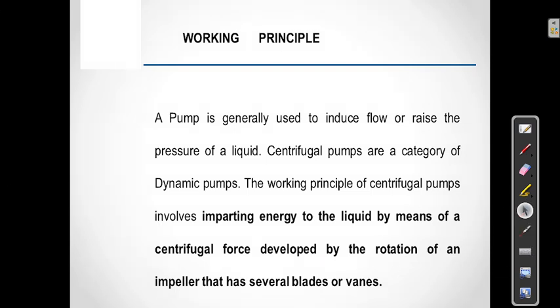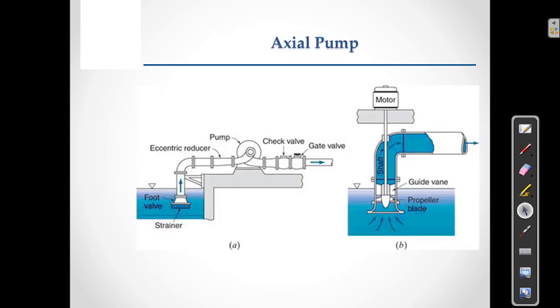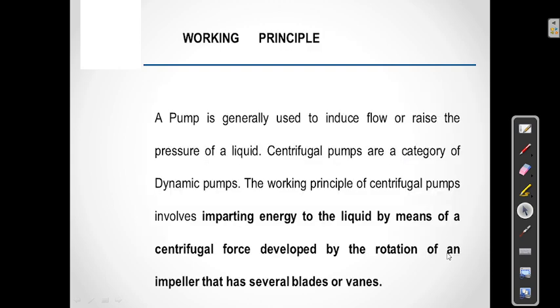You can see in the previous diagram, this is the propeller blade. It rotates with the help of the external motor, and with the rotation it builds up the pressure of the oil. This is about the axial pump.